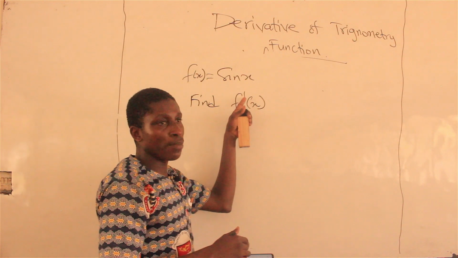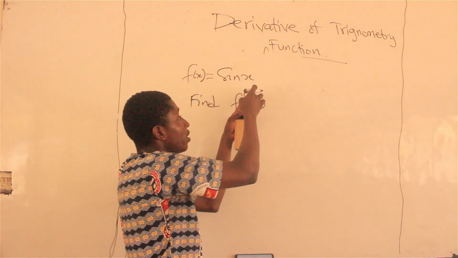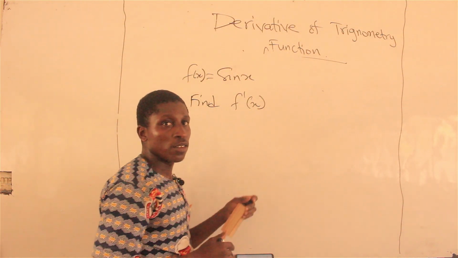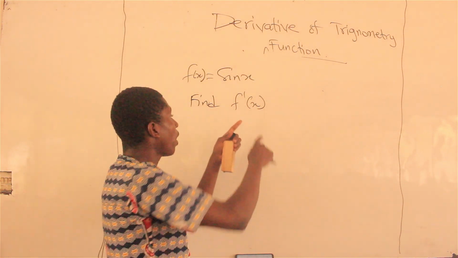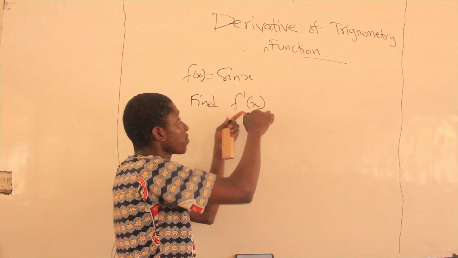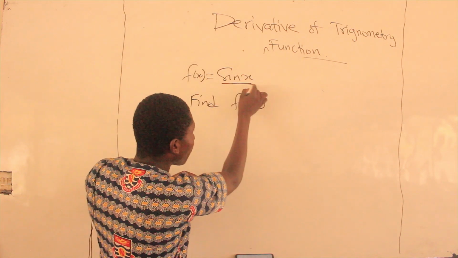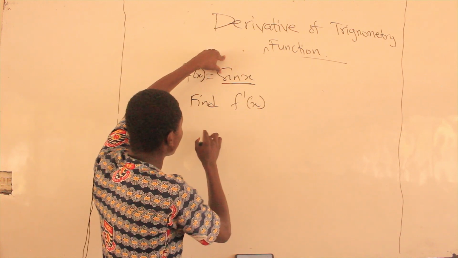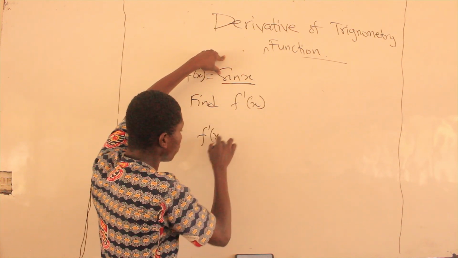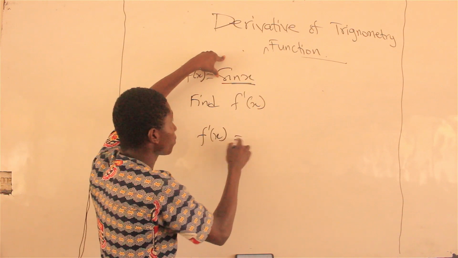Take note that the prime is the same as dy ds, or the derivative of s. So anytime you see the prime, it is the same as the derivative. Now how are you going to find the derivative of this one? The same as differentiate the function first. So you have f prime, or derivative of s, equal to.